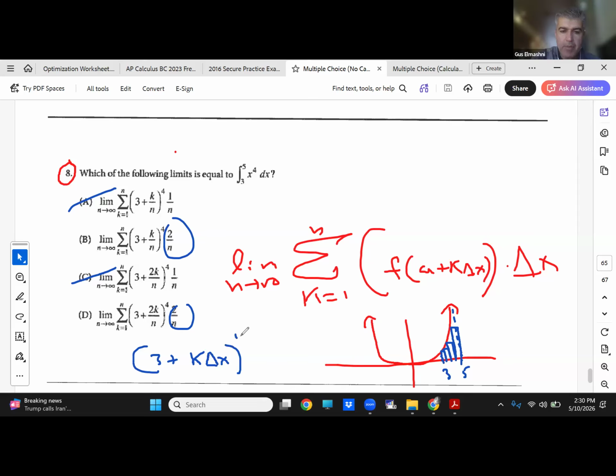That's what you're evaluating, raised to the 4 power, times delta x. And your delta x, we know, is b minus a over n, or 2 over n. So 2k over n is a little confusing. It's like saying k times 2 over n, or k times delta x. And if we parse that out, then we see why D would make sense for that one. So that's how you want to think of it.